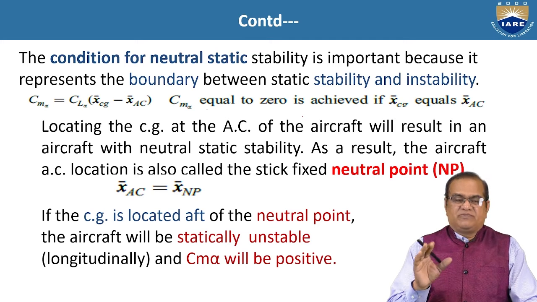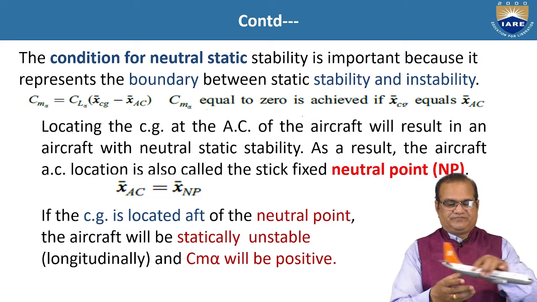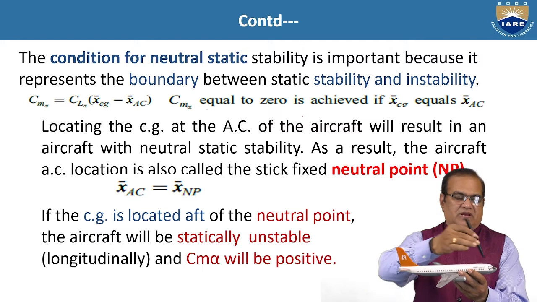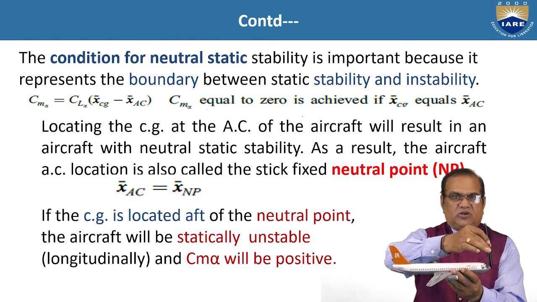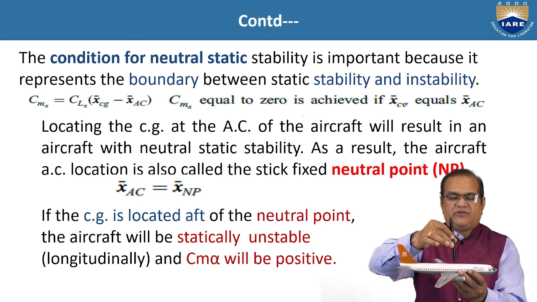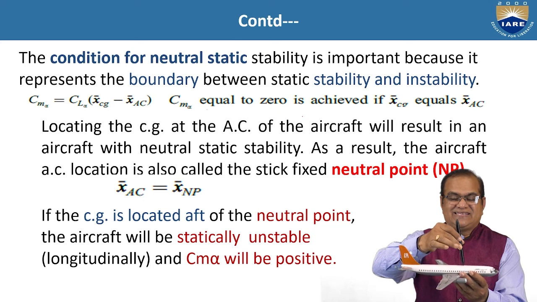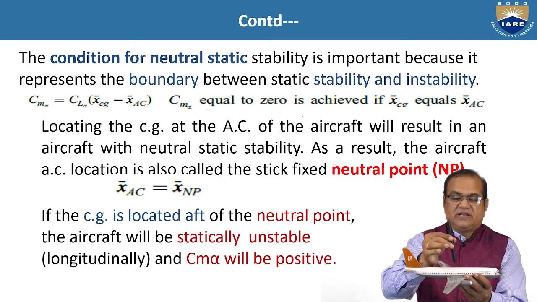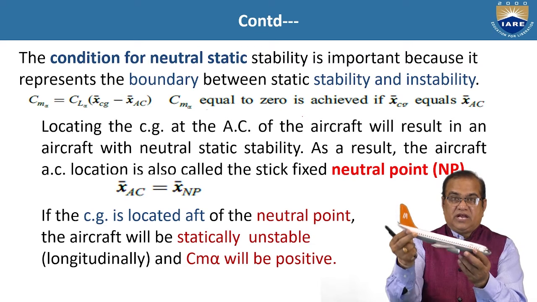Just you can see here, in this aircraft, this is the leading edge from the nose, here is the neutral point, and here is the CG. If the CG is ahead of the neutral point, there will be a pitch down moment.